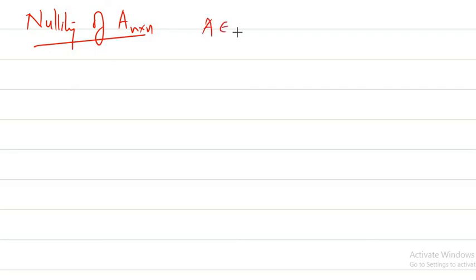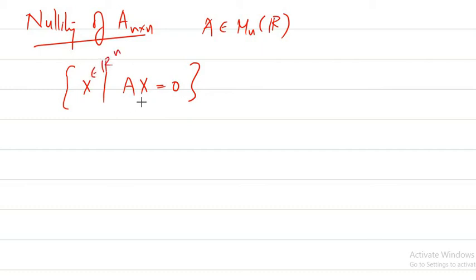If you take A to be an n by n matrix over R, then the set of all x from Rn for which Ax is equal to 0 is known as the null space. You have to find the set of all vectors x for which Ax is equal to the 0 vector, meaning completely 0 entries in that column. First let me define the null space.